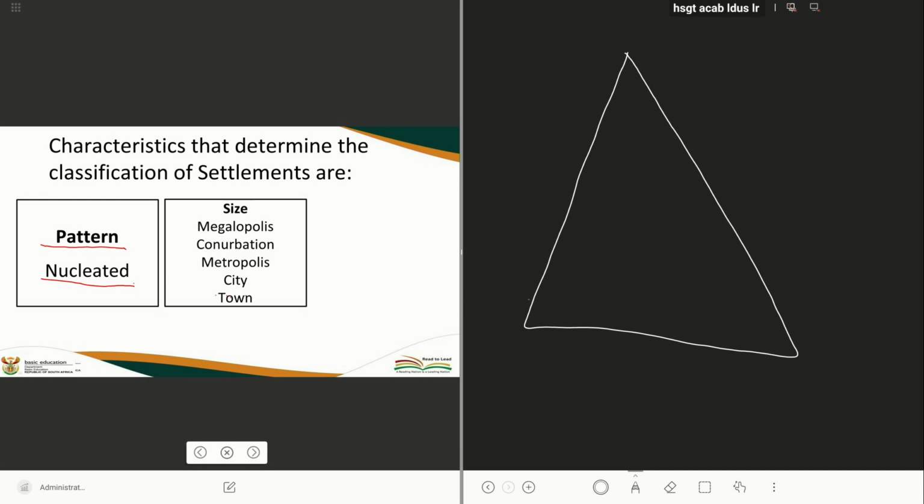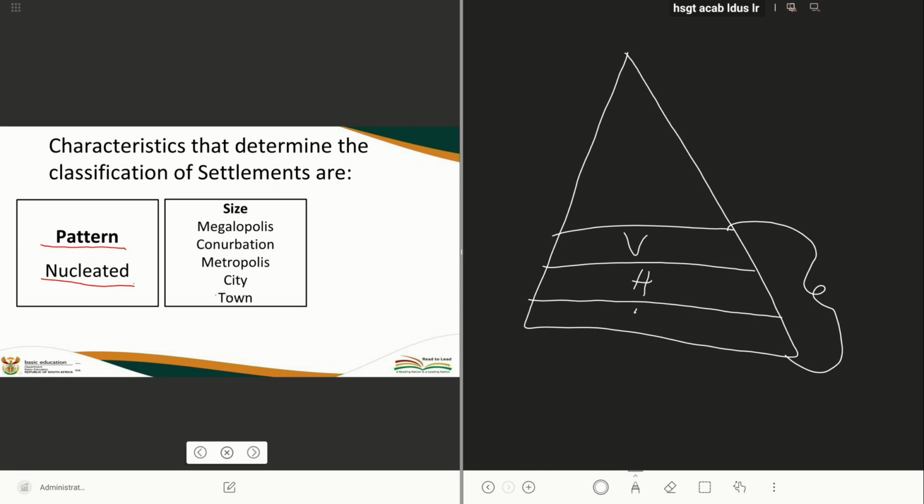At the bottom, you have 3 settlements. You have isolated farmstead, hamlet, and then village. These ones are being classified for rural settlement. You must remember that we are doing urban settlement. So for urban settlement, we start with the what?